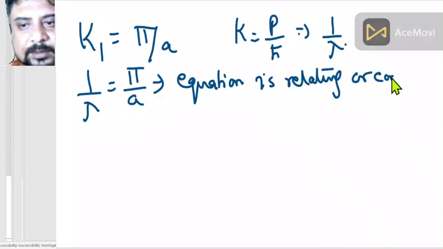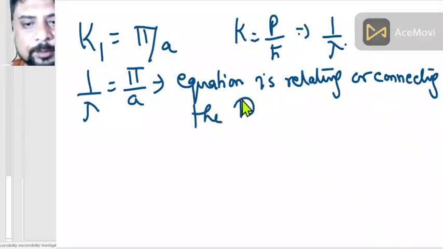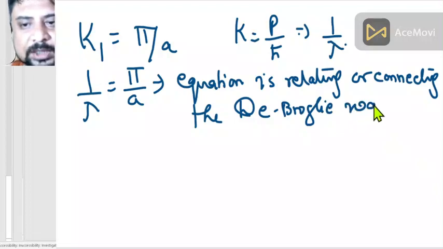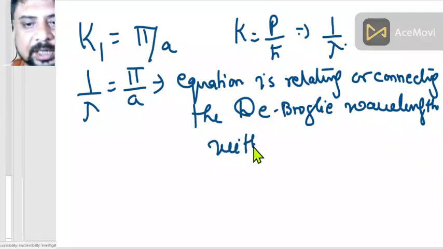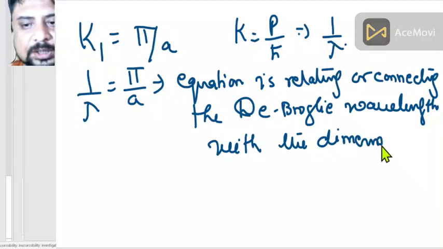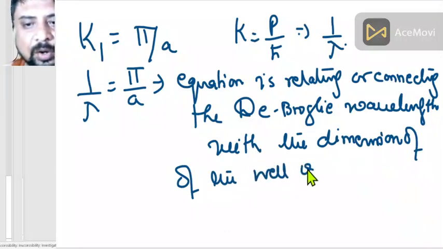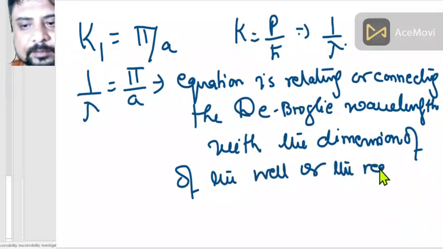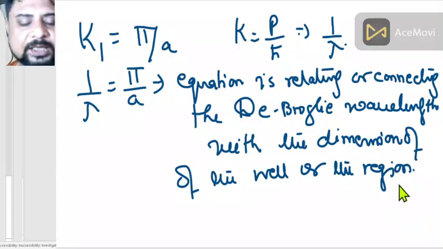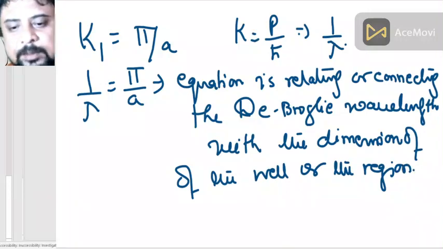K was p by h bar, so it is related to lambda. So what does this equation say? This equation is relating or connecting the de Broglie wavelength with the dimension of the box.